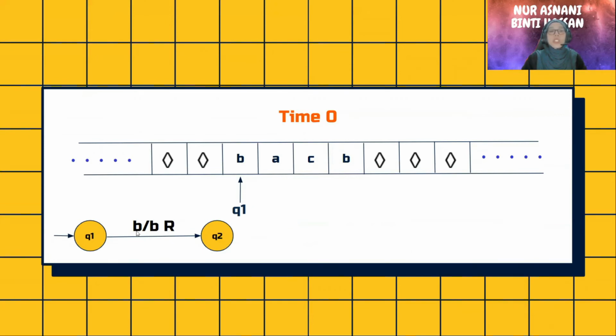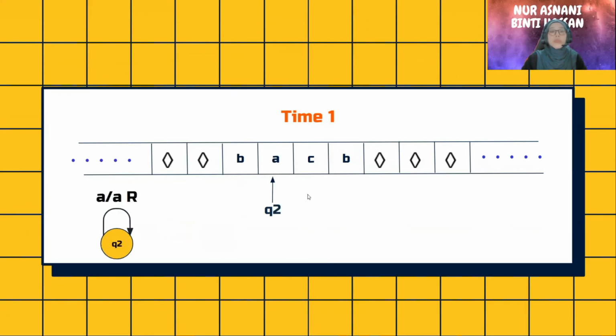Firstly, we'll read the symbol B from the tape, and we'll write the symbol B onto the tape to replace this B. Then after that, the head will move to the right, and the state will change to Q2. For time 1, we'll read the symbol A and write the symbol A. After that, the head position will go to the right, and the transition will go into the state Q2.